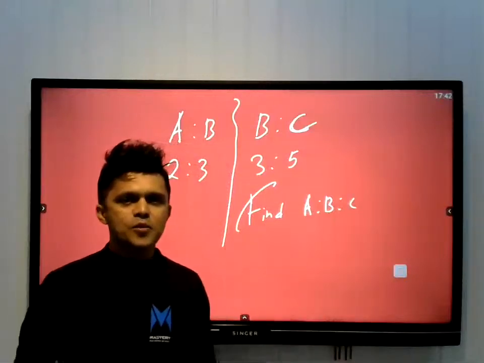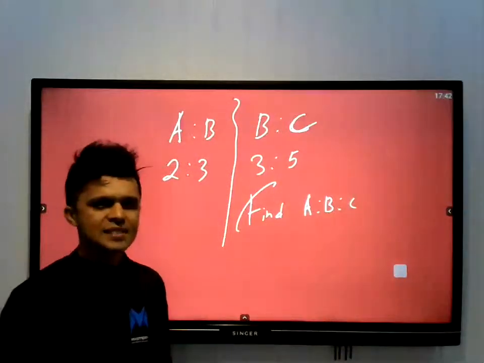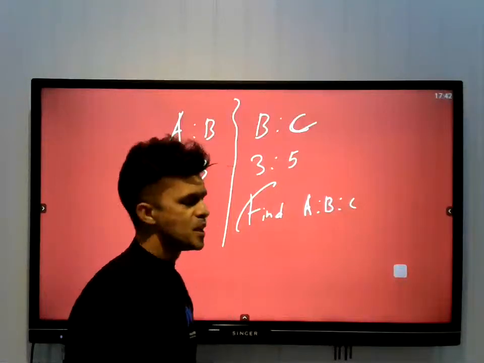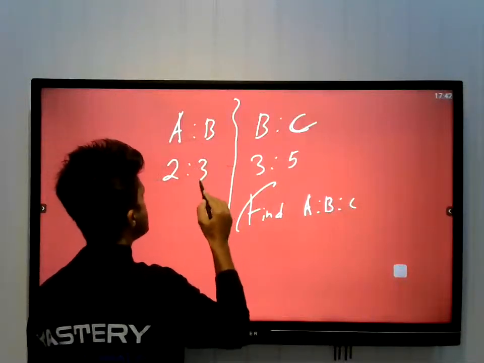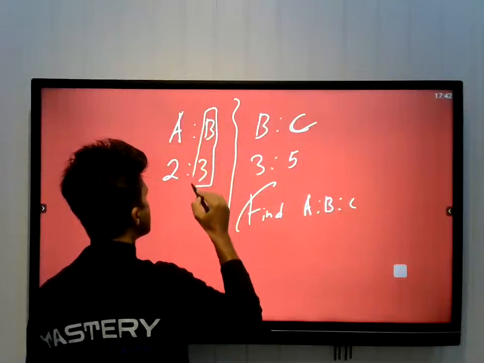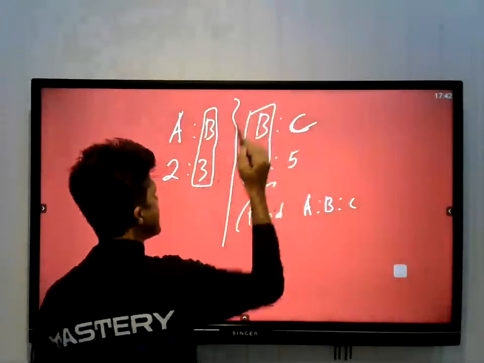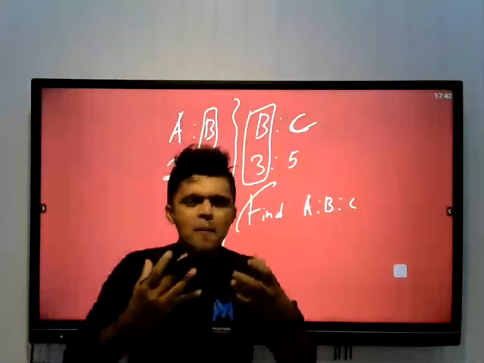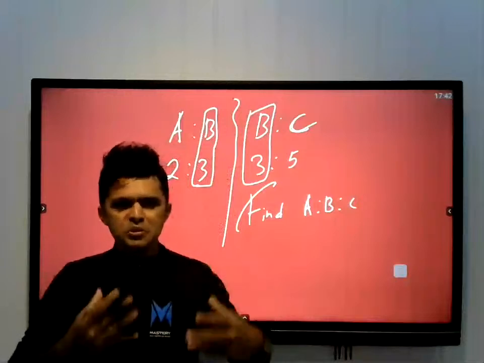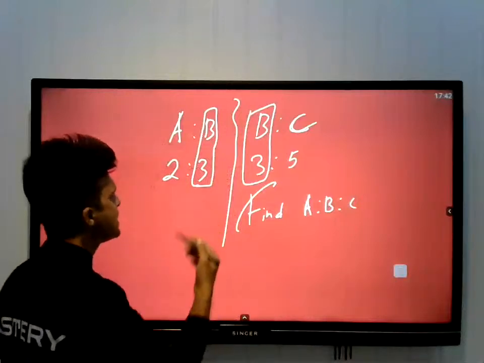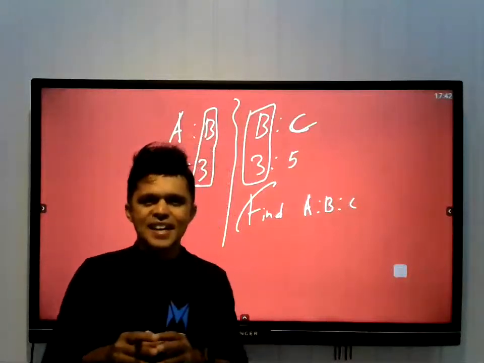Here B, here also B. So you need to combine these relations. B is the term that you need to consider here as the common term.